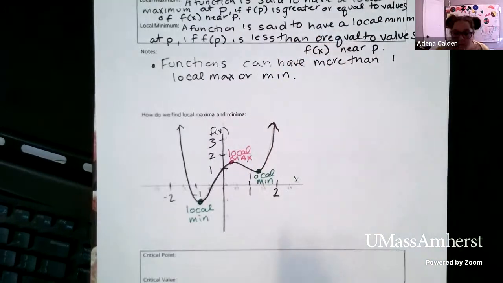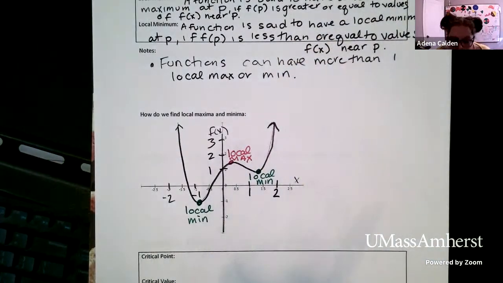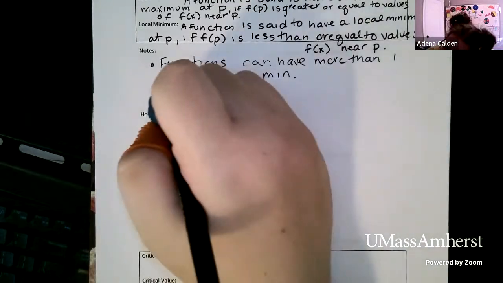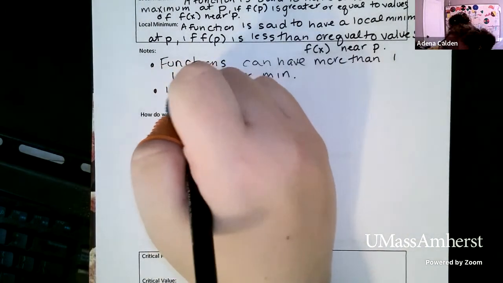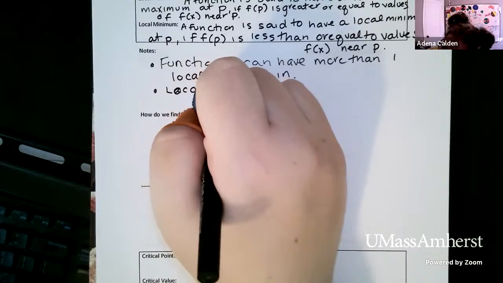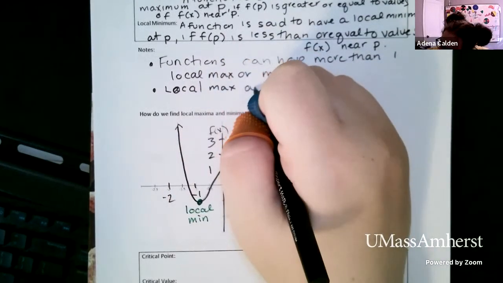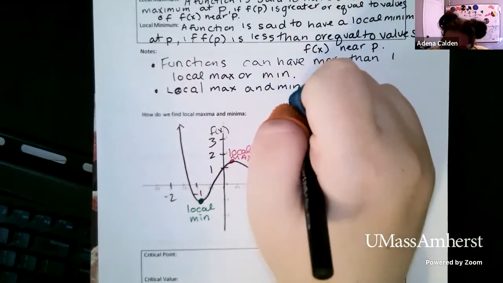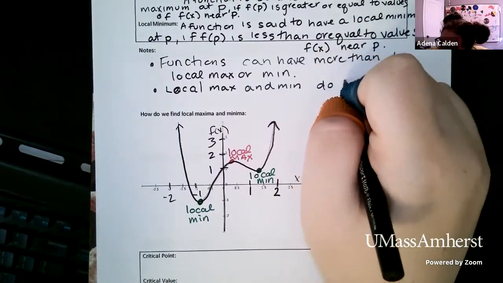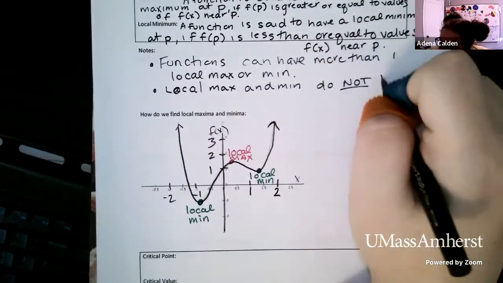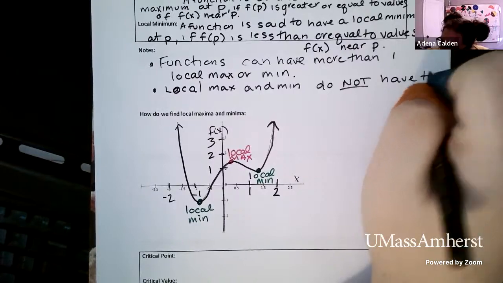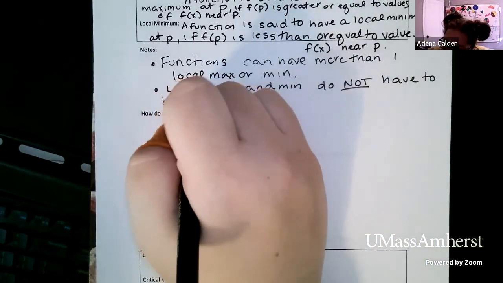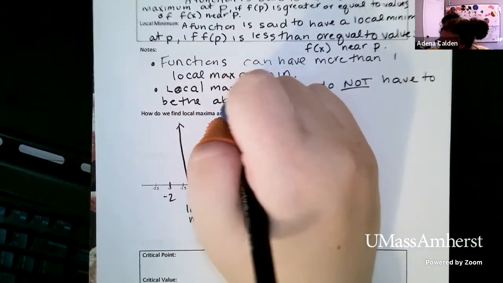We see in this picture that there's 2 local minimums, okay? And that local maxes and mins do not have to be the absolute highest or lowest point.